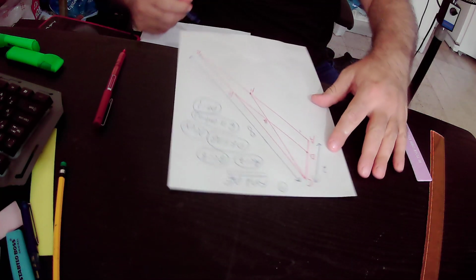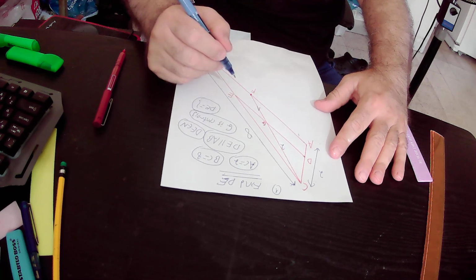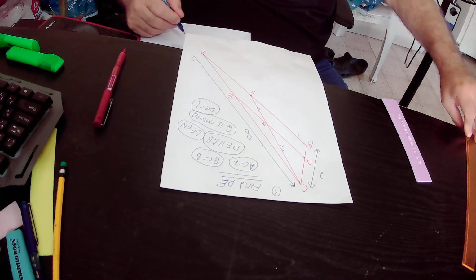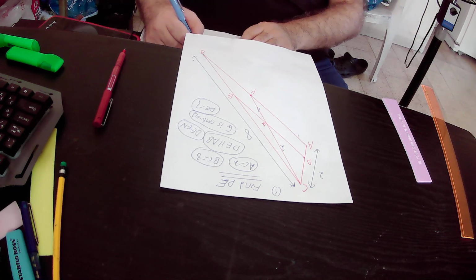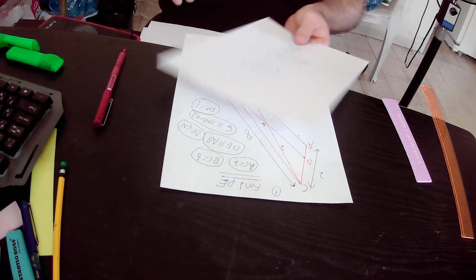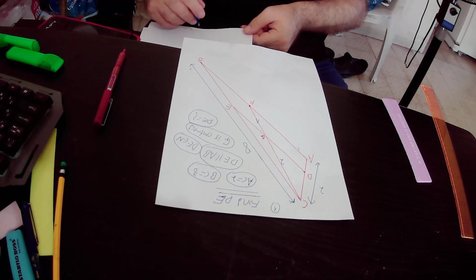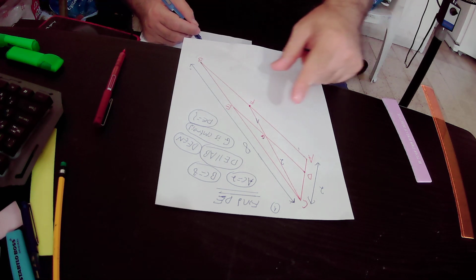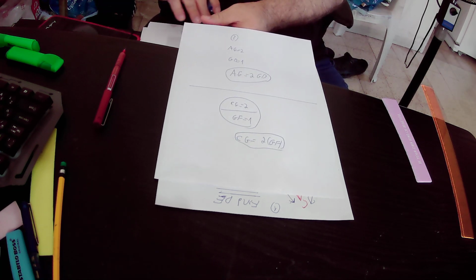That is to say, if CG equals 2 units, then GF will be equal to 1 unit, or in other words, CG is twice as large as GF. According to rule number 1, we have this equality that states that CG equals 2 times GF.